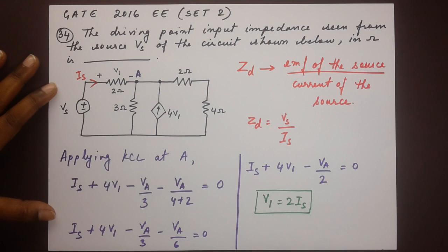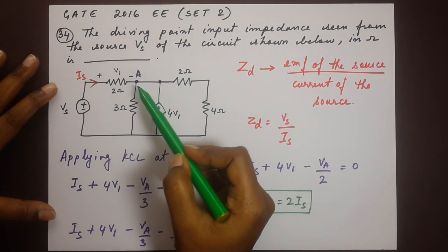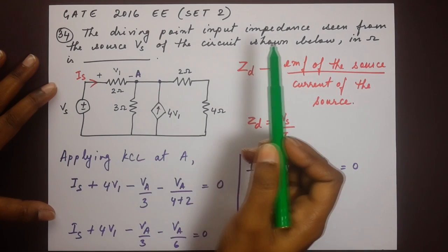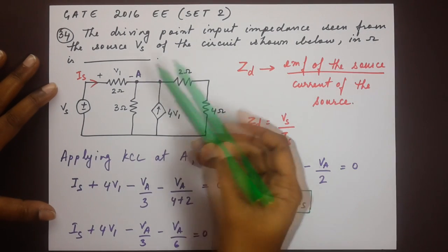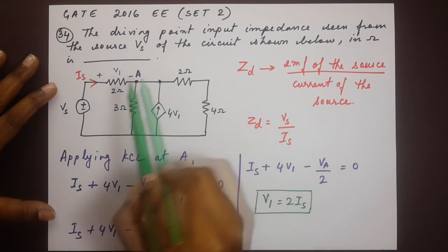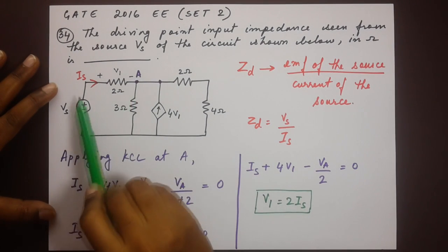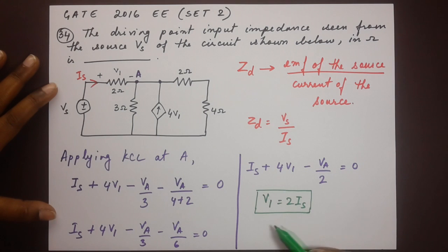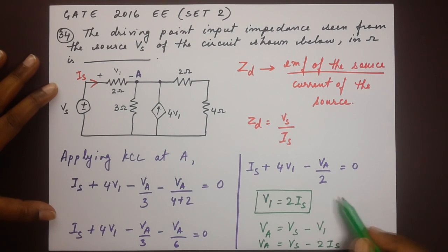Looking at just the voltages, we have Va is equal to Vs minus V1, if we look at just this portion over here. So that gives us our second relation, Va is equal to Vs minus V1. Now V1 is 2Is, so Va is equal to Vs minus 2Is. Let's call this 1, let's call this 2.